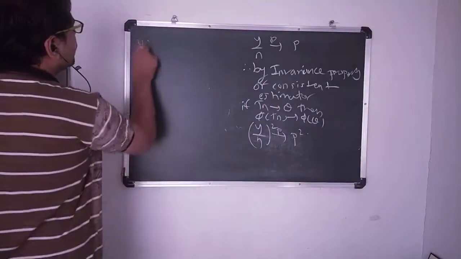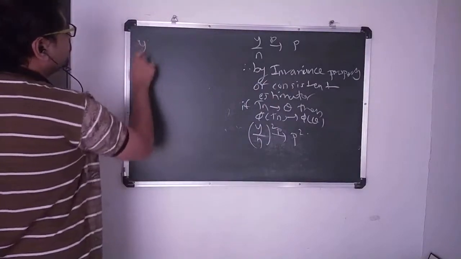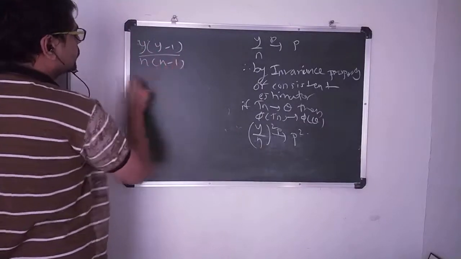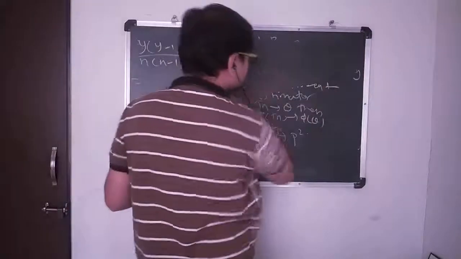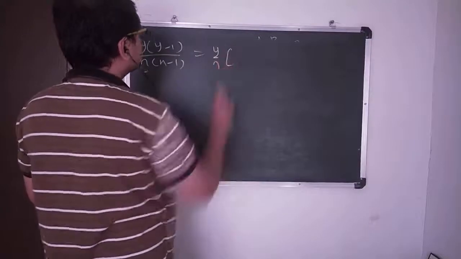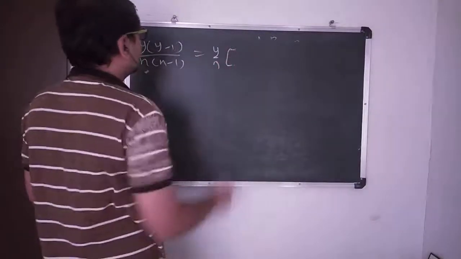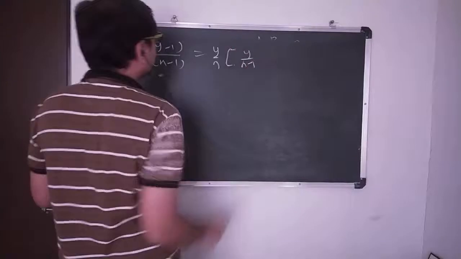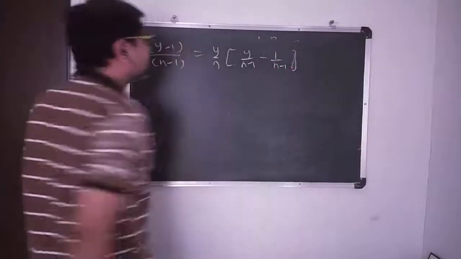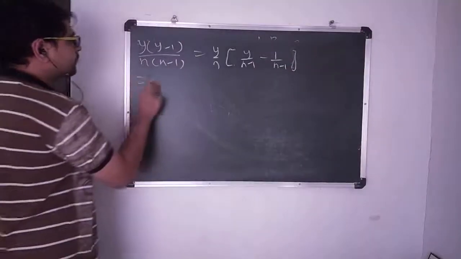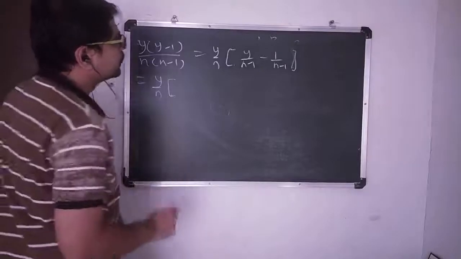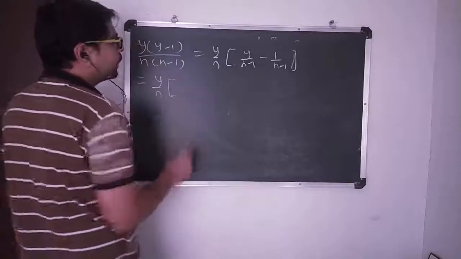Now we will consider Y(Y-1)/(n(n-1)). We will see how it can be written: (Y/n) times (Y/(n-1) - 1/(n-1)).